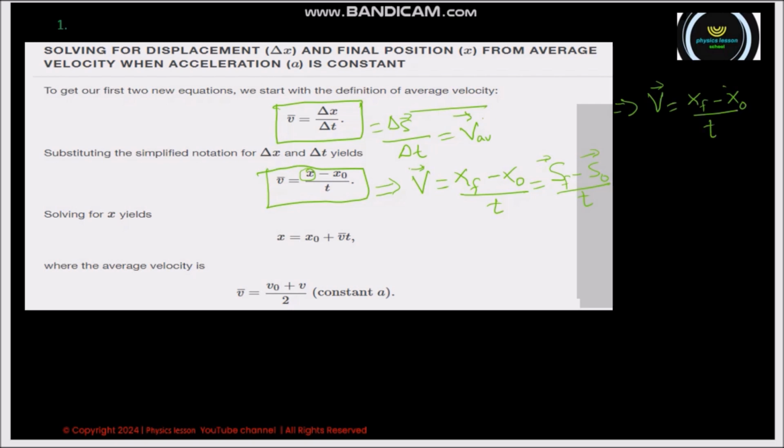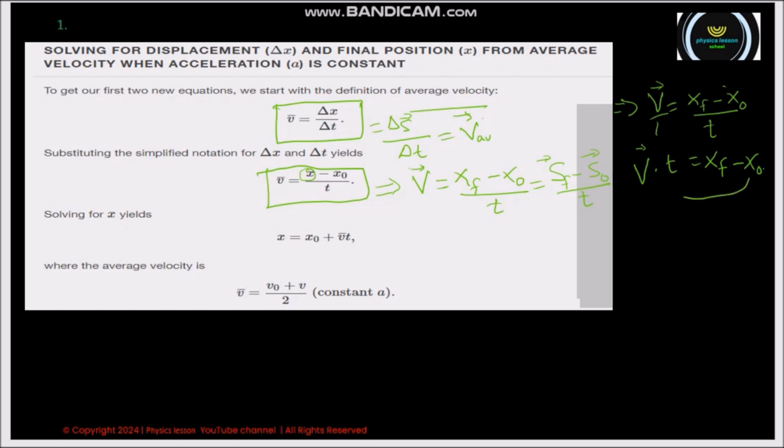Cross-multiplying this one over 1, the average velocity times t is equal to the final displacement minus the initial displacement.